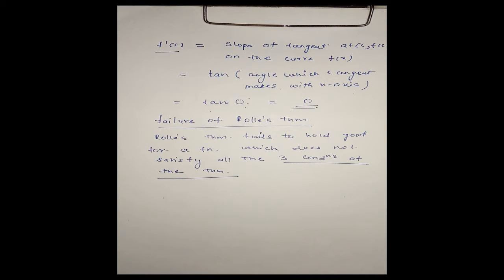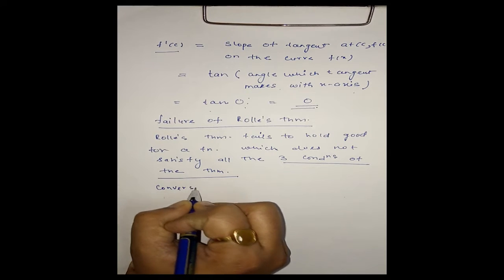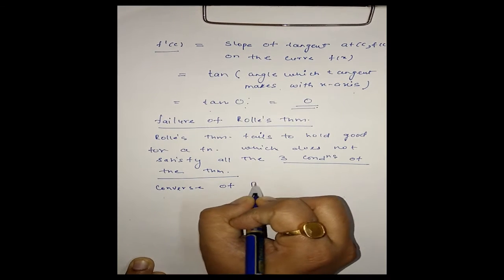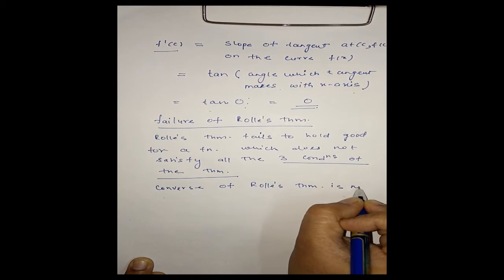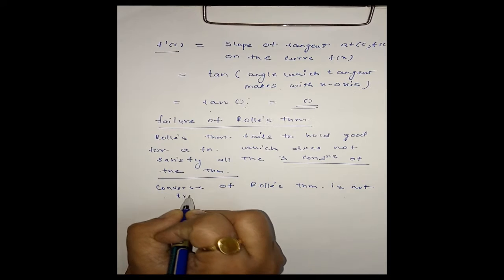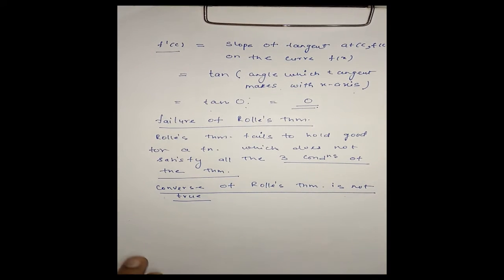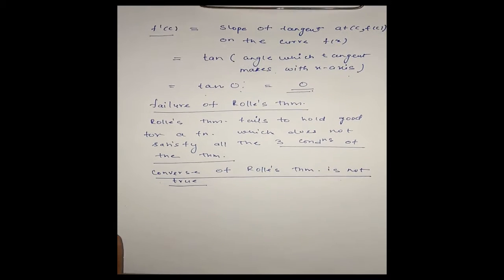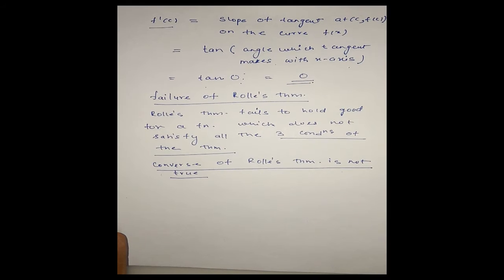Next, the converse of Rolle's theorem is not true. That means if there exists a point in the open interval at which the derivative is 0, it doesn't imply all three conditions will hold.